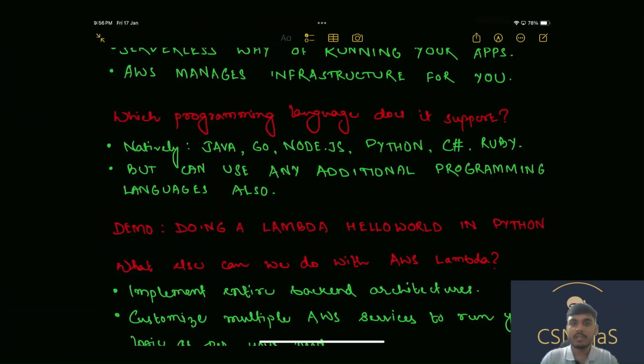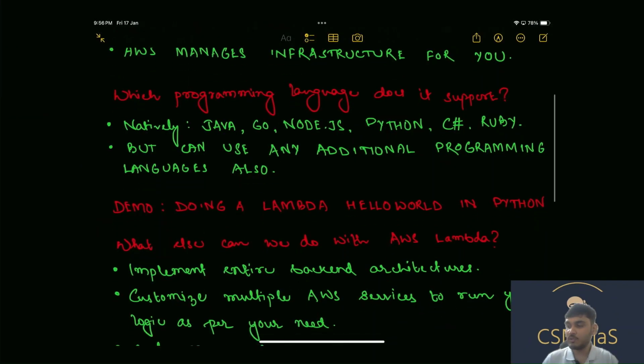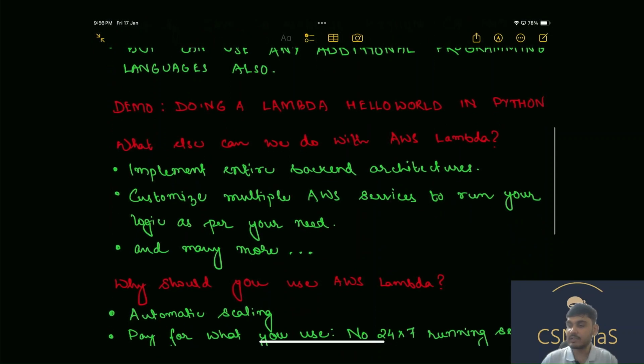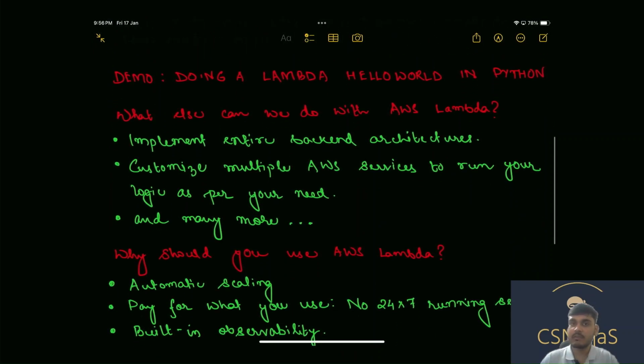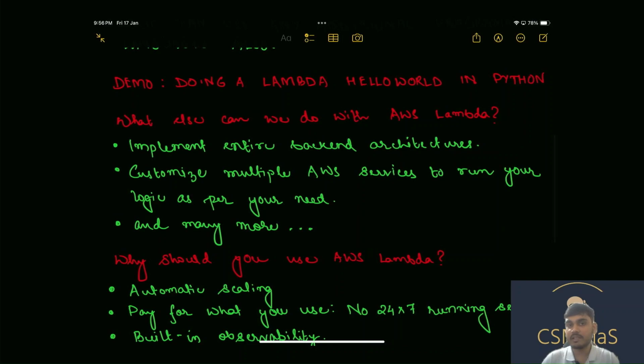Now, coming into what else you can do with AWS Lambda, to just give you a glimpse of what we'll be doing in the next few sessions, you can implement entire backend architectures with AWS Lambda. So many companies have their microservice architectures built on AWS Lambda. Another thing which you can do is you can customize multiple AWS services.